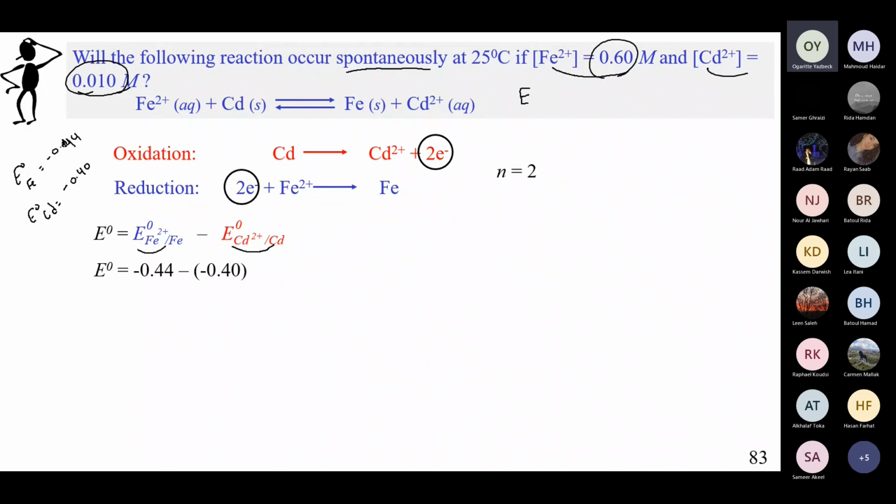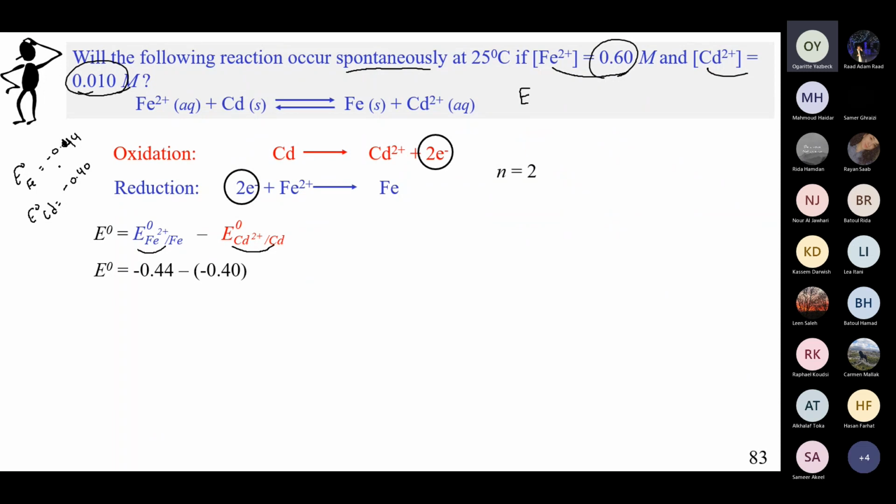Usually, if you had to choose just directly from this, who will be the oxidation and who will be the reduction? Who would you choose as the oxidation half reaction, and who as the reduction half reaction? The lowest negative is the oxidation?